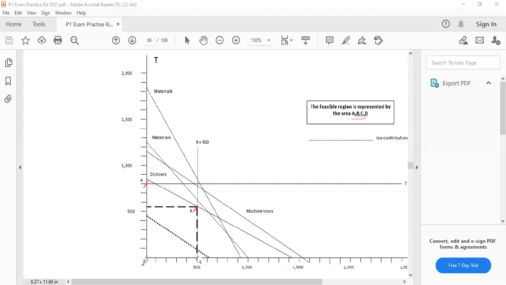There would be some equation framed. When the x and y values of these intersecting points are substituted in the objective function, the point that satisfies the objective is called the optimal point.